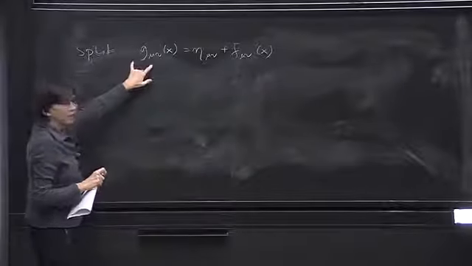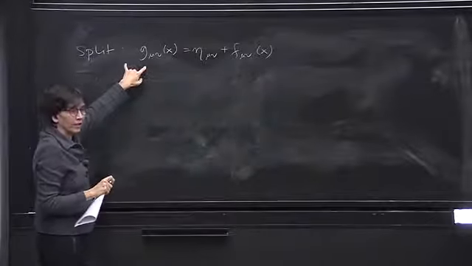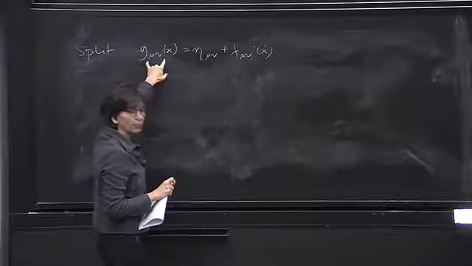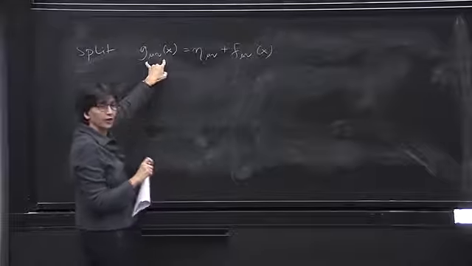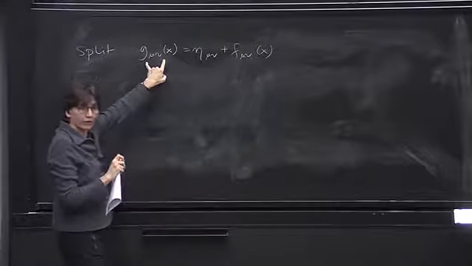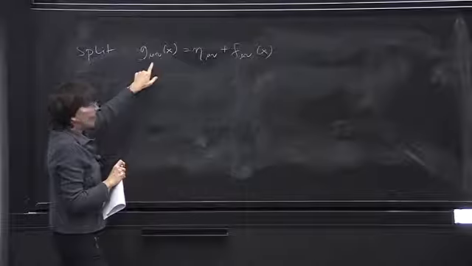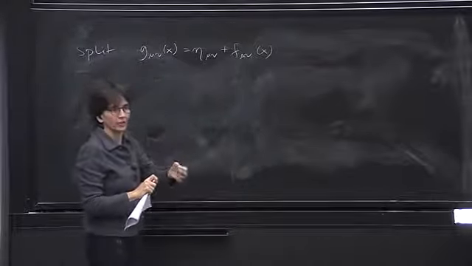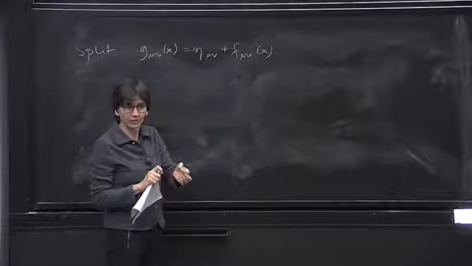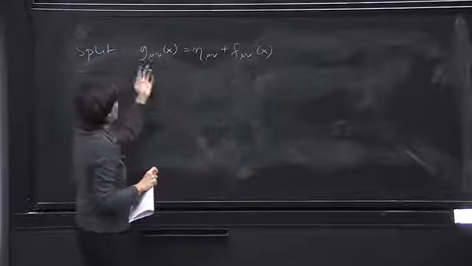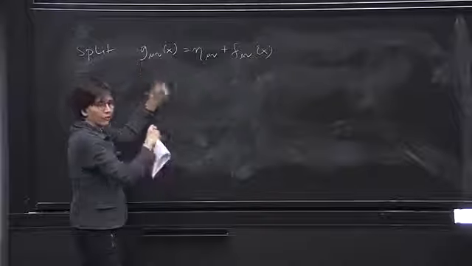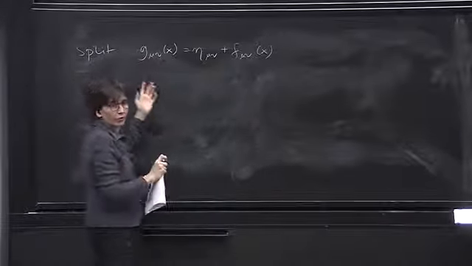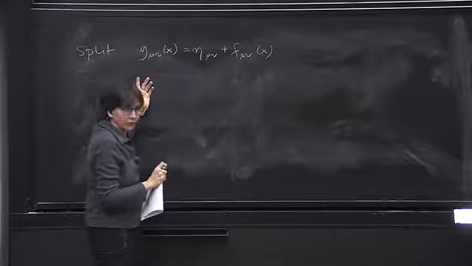Well, what's wrong with this is that this was a metric of a particular signature, which entails certain constraints on the range of the entries of this matrix, which constrain it to have a specific signature, namely minus, plus, plus, plus. And that's not compatible with arbitrary values of all the entries, because they might lead to arbitrary signatures, or even, of course, things like a vanishing determinant.